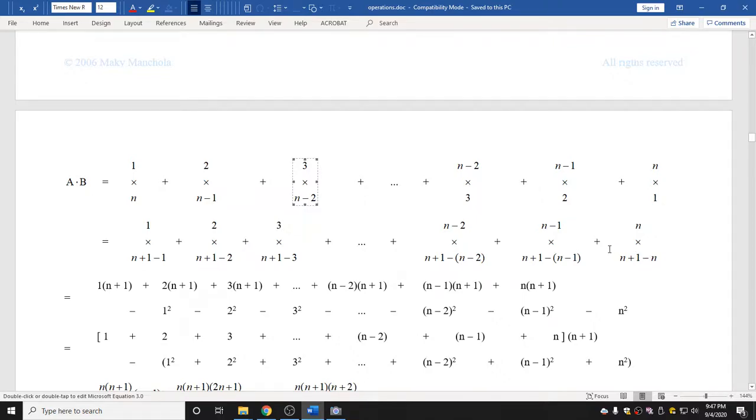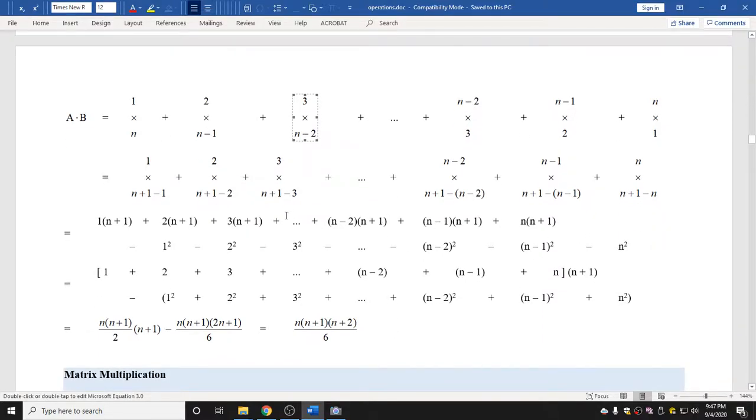Now, observe that with this pattern, you can multiply by distribution. So 1 times (n plus 1) minus 1 times 1. On the top, I'm putting the result of 1 times (n plus 1).